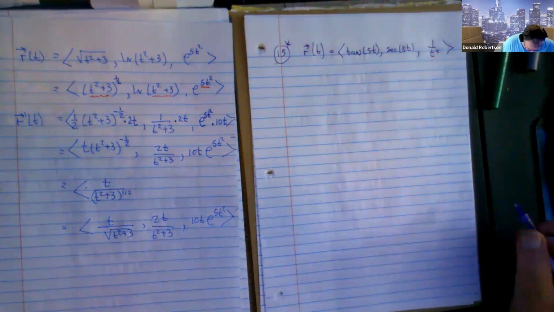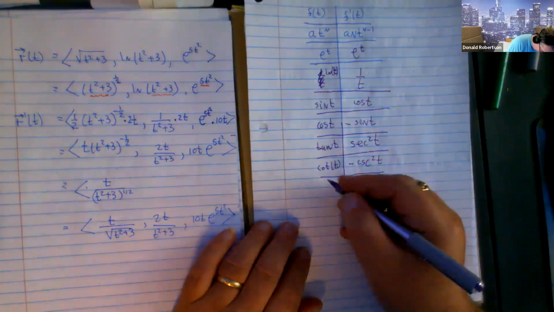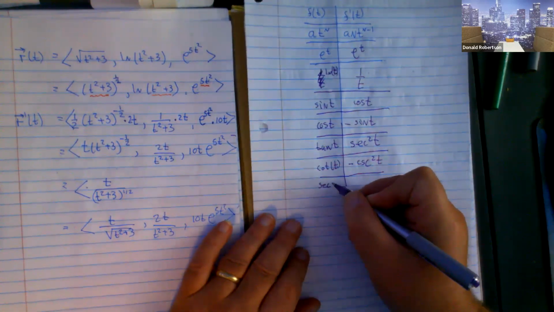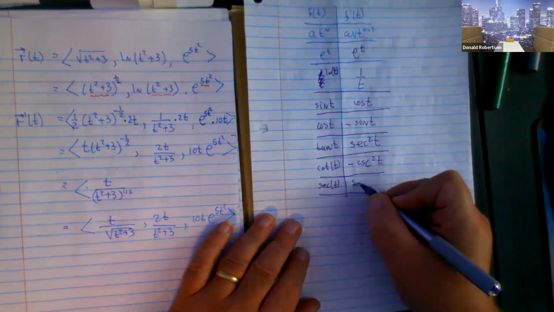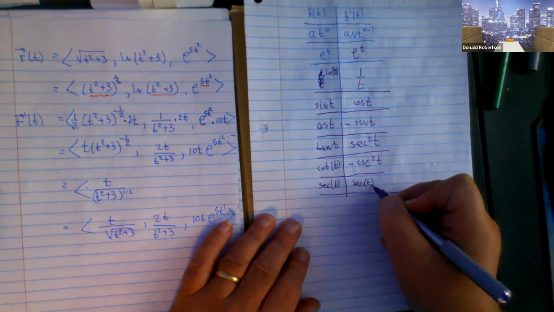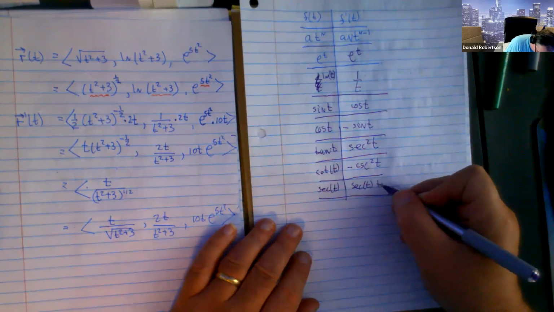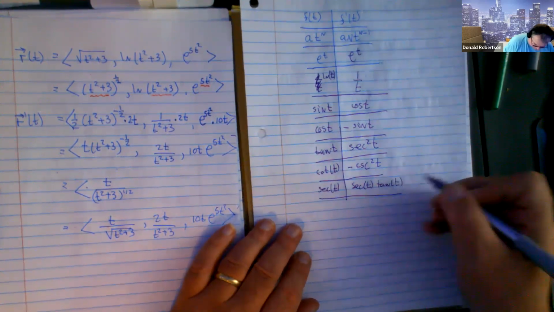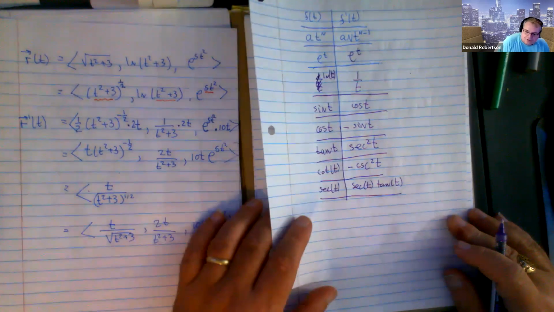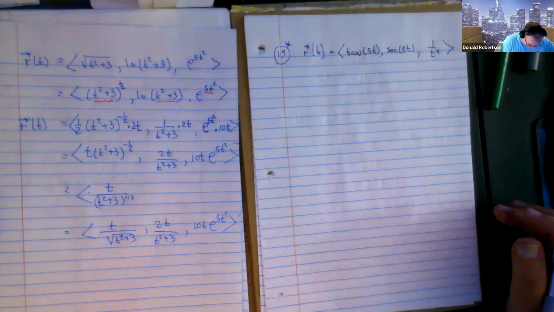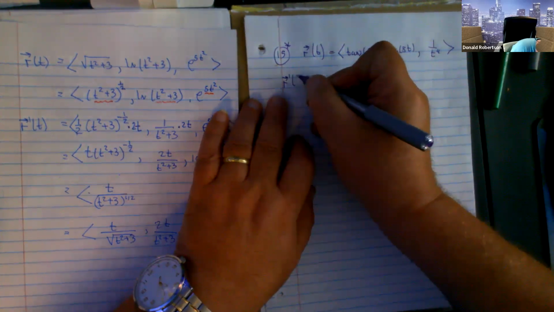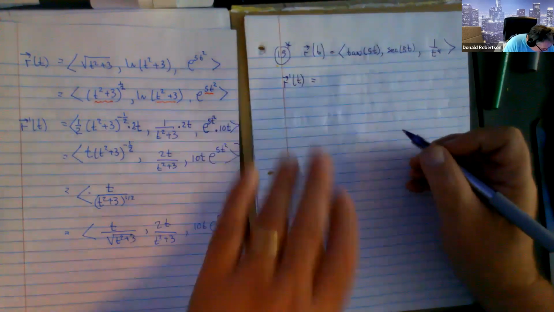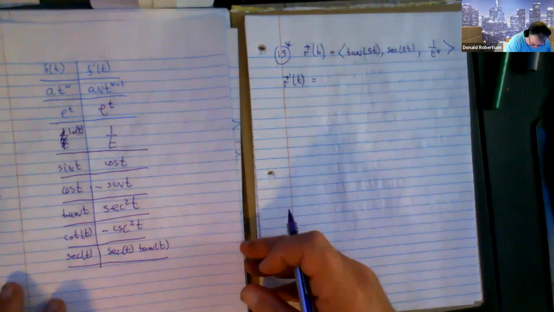And I'm immediately going to go to my little list. If you want to differentiate secant t, the answer is secant t tangent t. So you might want to get a hold of a little list like this. Right, so we're ready to find its derivative. And I'll put these guys on here.